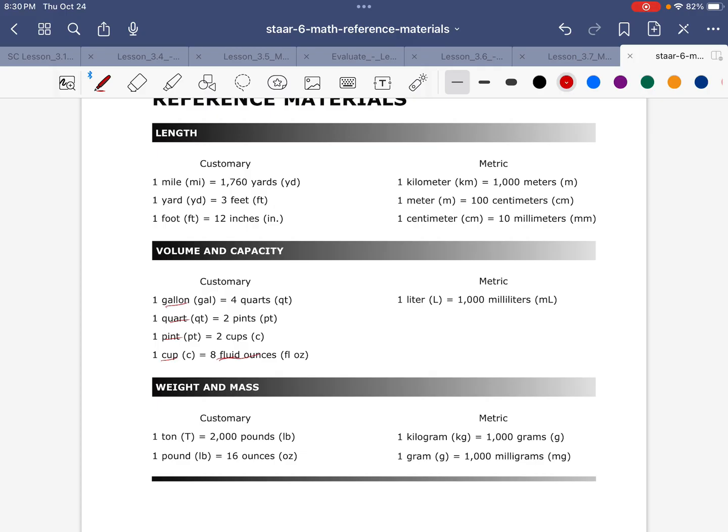So they range. Gallons is our largest. Then look, there are 4 quarts in 1 gallon, and then 1 quart, 2 pints, and so on. So what this means is gallon is our largest, and fluid ounces is our smallest. So fluid ounces is first, cups is second from smallest, pints is third, quarts, and gallons is the largest.